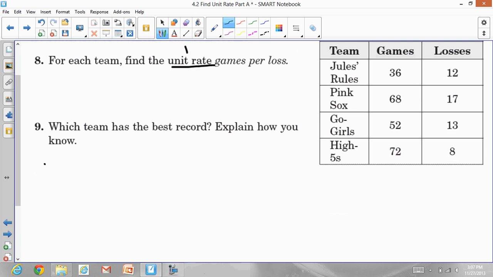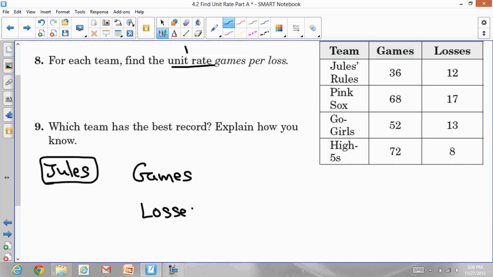So I'm going to write Joules. So games and losses. Because they are asking me to find the games per loss. So games for Joules is 36 and 12.